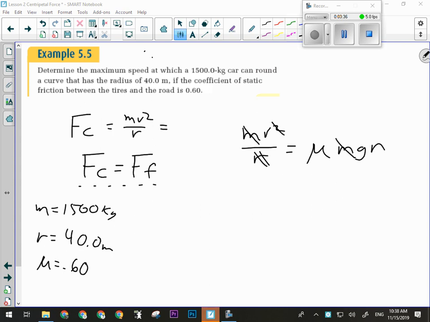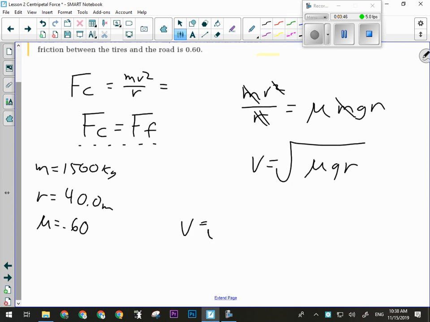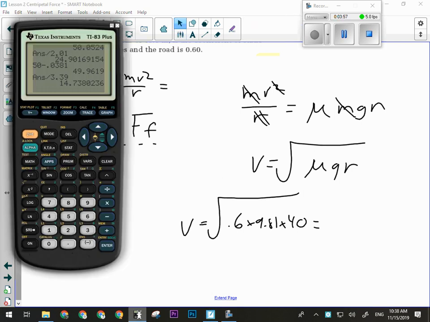I want v, not v squared, so I'll be left with v equals the square root of mu g r. Now if I plug in my numbers, v will equal the square root of 0.6 times 9.81 times the radius, which is 40 meters. Square root of 0.6 times 9.81 times 40.